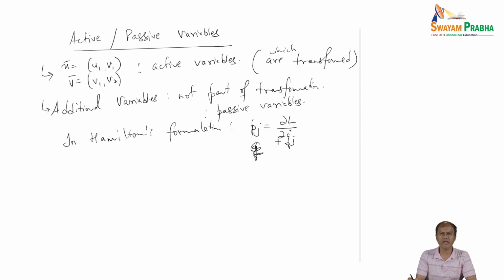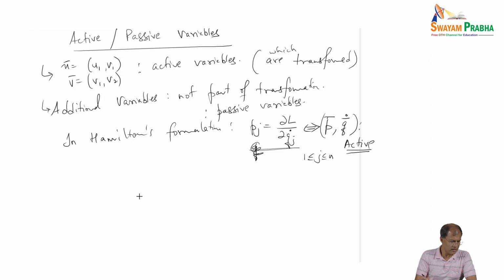P and Q dot are active variables because they are related to each other via this transformation, with j from 1 to n.